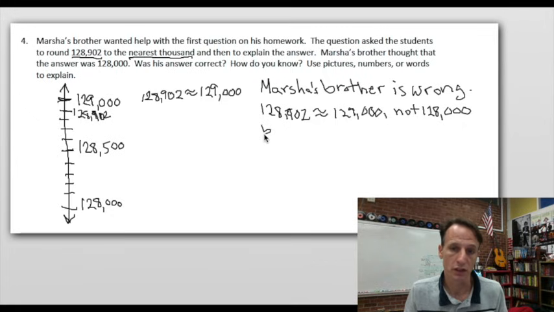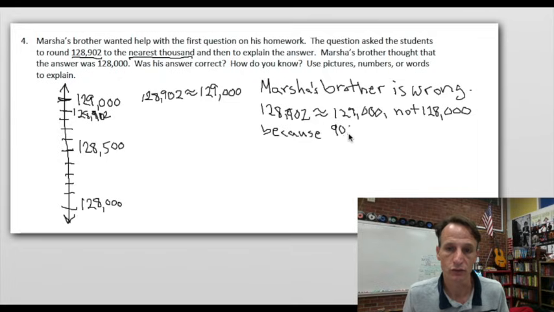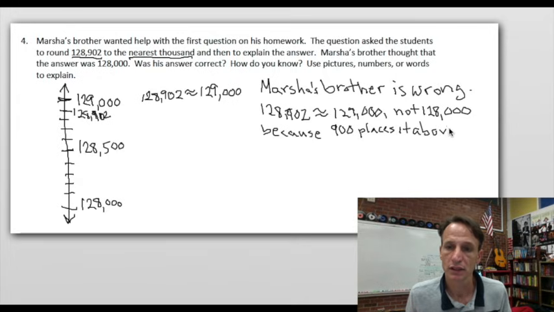And if we want to even go a little further, we could say because 900 places it above the midpoint on our what?